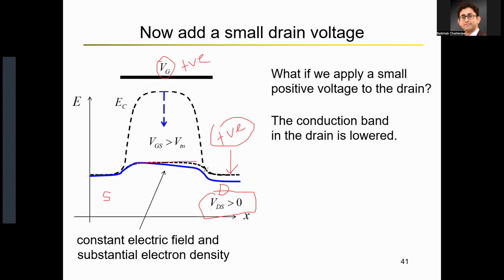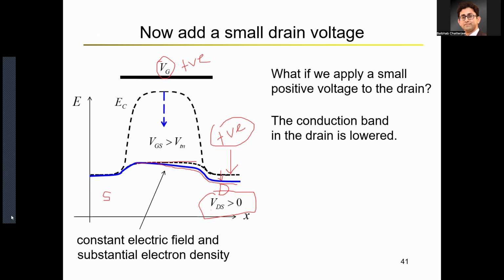But from the energy band diagram perspective, if you apply a positive voltage at the drain, the conduction band energy on the drain side goes down a bit. So earlier you had this dotted line. Now you have this solid dark blue line, which is going down on the drain side, right? Now, what does that mean?